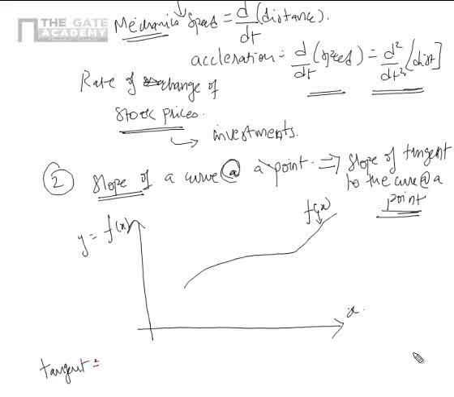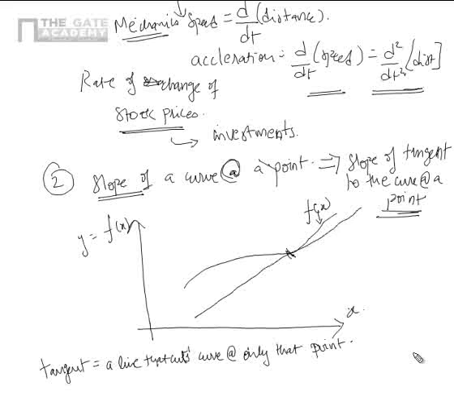Tangent is nothing but a line that cuts the curve at only that point. That means if I draw the tangent here, it will look something like this. It will meet the curve only at this point.